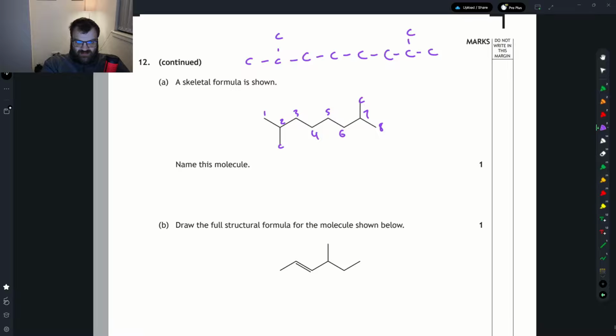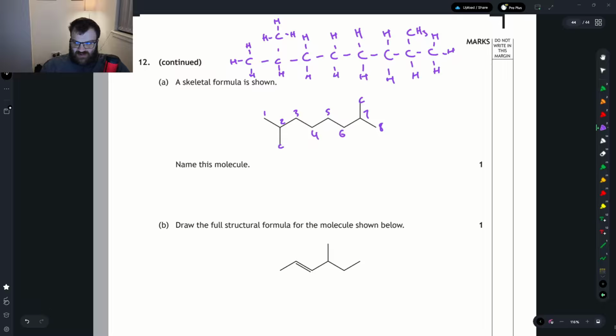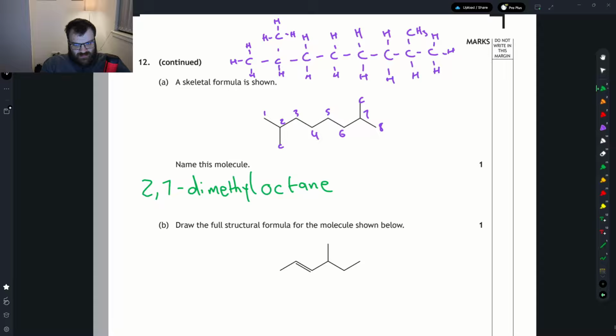So carbon, carbon with the branch, carbon, carbon, carbon, carbon, carbon with the branch, and then sticking out like that. Now all the rest of the bits will just be hydrogens. So we've got 8 carbons in a row, single bonds between carbons, that's going to be octane. We've got 2 branches off of the 2nd and the 7th. That's 2, 7, dimethyl octane is what we'd have for that one.